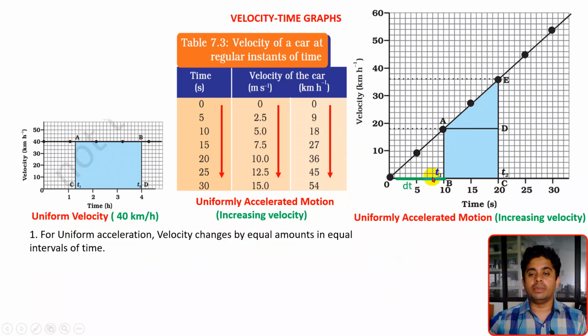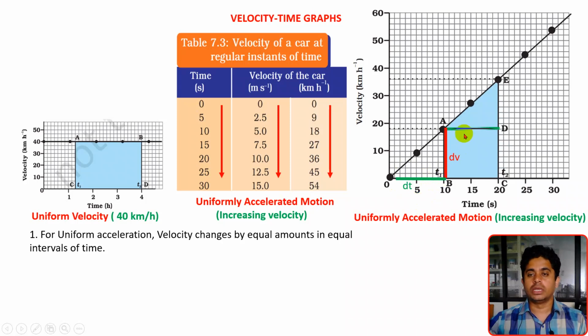Let us consider one time interval here. The time interval is dt, and for that time interval dt, this is the corresponding change in velocity. The height of the line AB, the red line, shows the change in velocity when time has changed from 0 seconds to 10 seconds. This is for the first time interval.